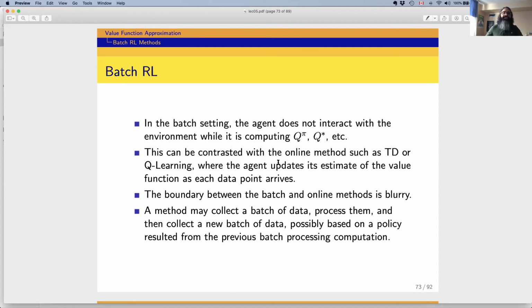And in some settings, we don't really want the RL agent to directly interact with the environment, at least in the beginning of learning, because if it doesn't know anything, that might be dangerous for, say, a chemical plant or an autonomous car. So that's why we collect a batch of data using a policy that is kind of safe. And then after the method processes a lot of data and finds a good value function or good policy, we let it interact with the environment. So that's one practical perspective.